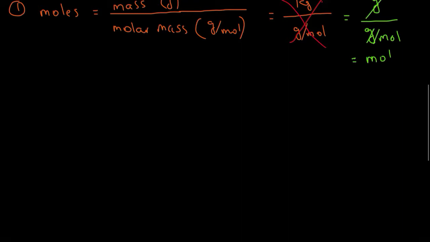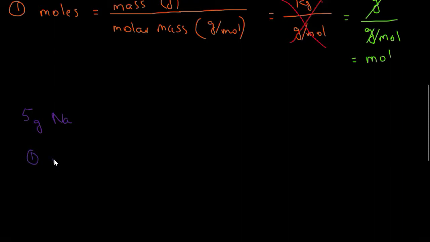So that's that. So what we're going to do is a simple calculation to figure out the moles of something. Say for example, I want to find the number of moles in 5 grams of sodium. So I'm going to use formula number 1, as I know the mass.